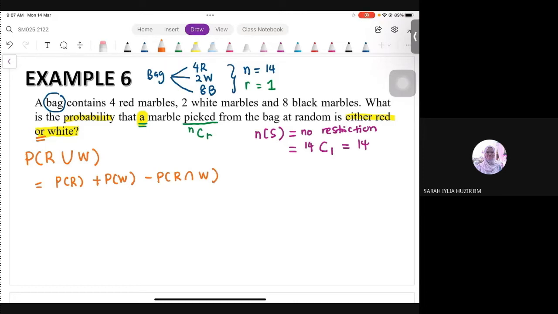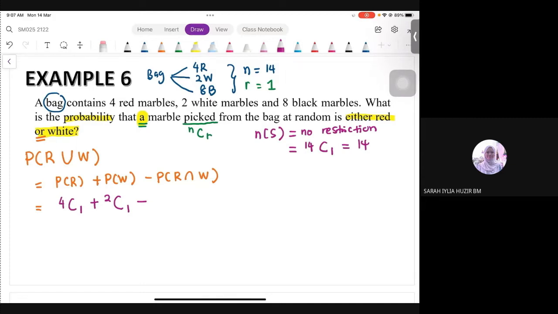Ingat benda tu. Okay, now kita masukkan satu-satu. What is probability of R? R we have 4 and we only have to choose one, means 4C1. And then for W we have 2 options, so 2C1, minus with intersection between red and white.